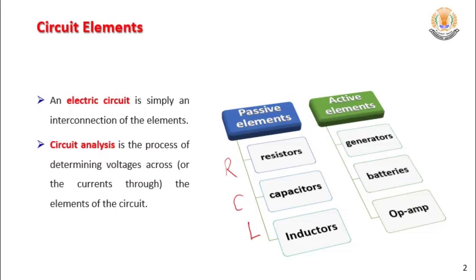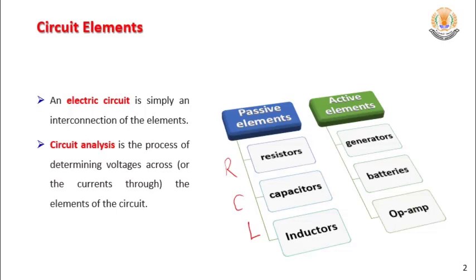For each element, you have 2 terminals. Do you agree? Circuit analysis is the process of determining the voltage across, or the current through, the elements of the circuit. This is the meaning of circuit analysis. You need to calculate currents through or voltages across elements.